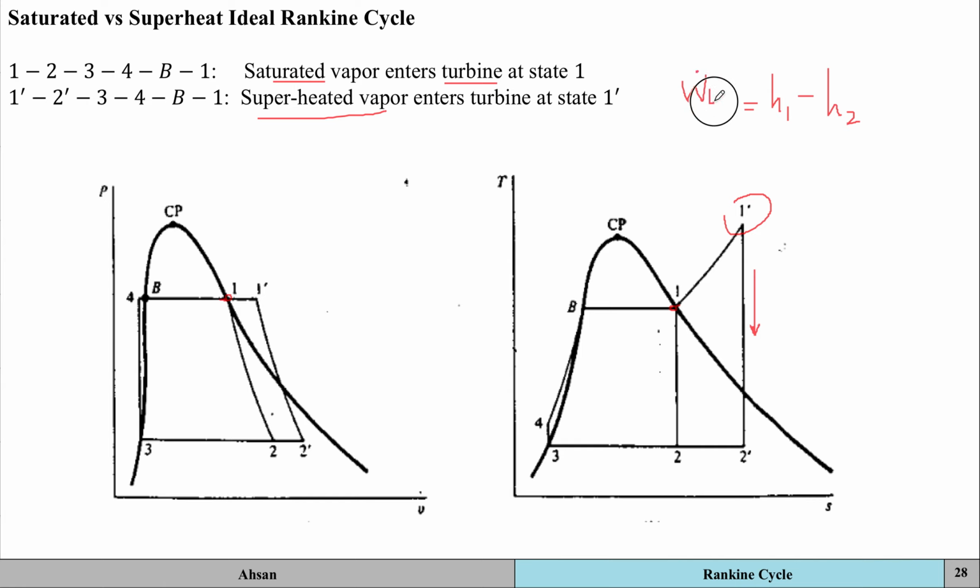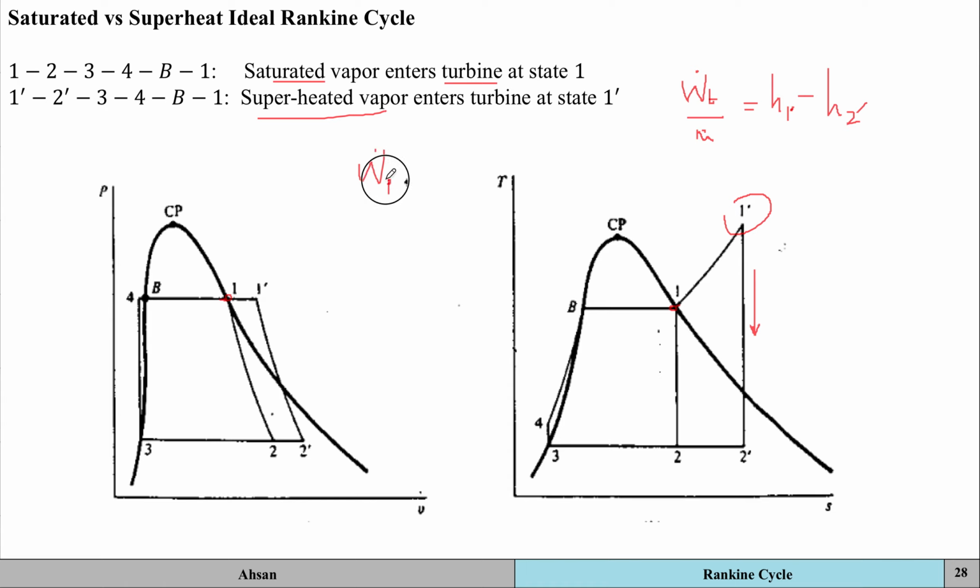That was W dot T by m dot. So the work done is going to be higher for 1 dash to 2 dash as compared to 1 to 2, right? Whereas across the pump, W dot P remains the same.